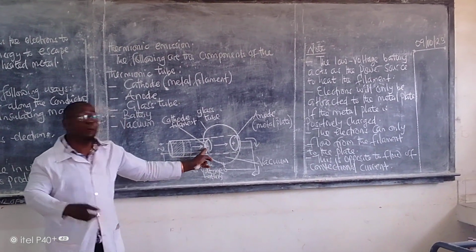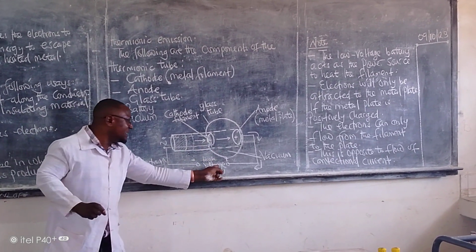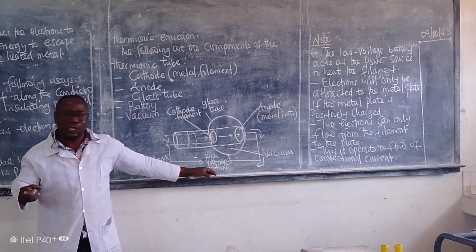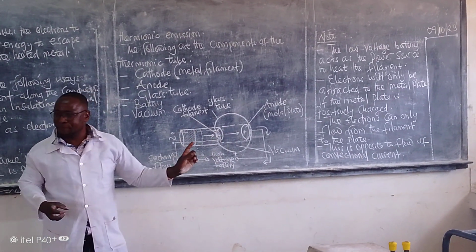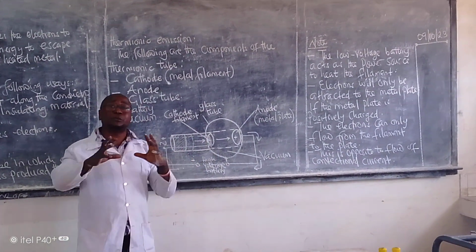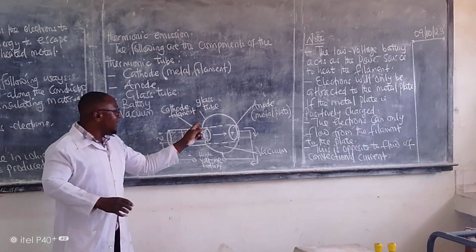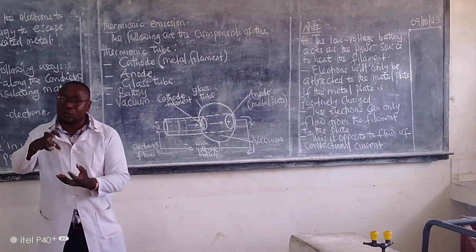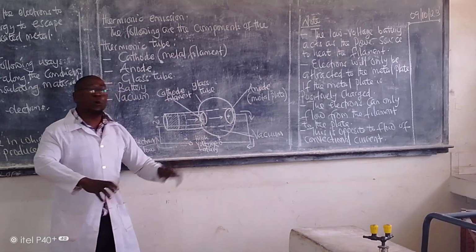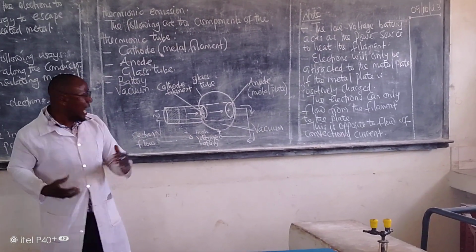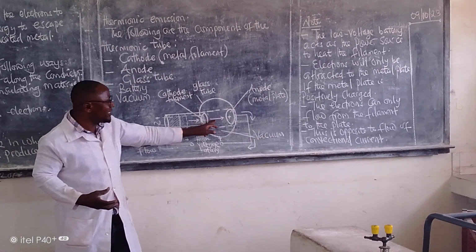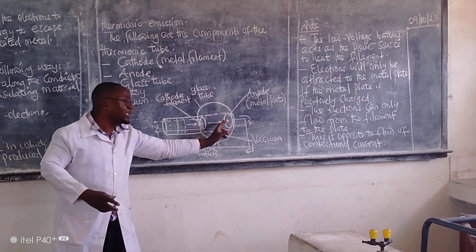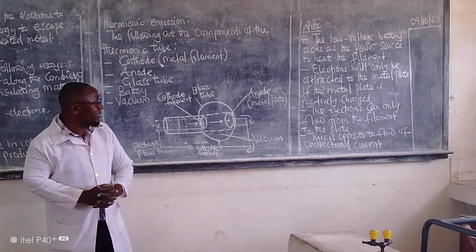So this filament will only be heated once this battery provides the voltage. Now, once this filament becomes red hot, then the metal surface of this element will release the electrons, and these electrons will move in this direction, being attracted by the positive terminal.